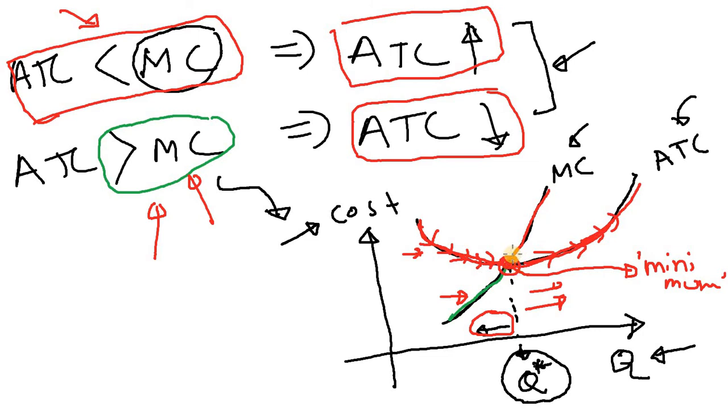Why? Because after this point, the marginal cost becomes greater. So after this point, average cost will start to increase. That is why it is the lowest point. This is a very, very important idea. You're going to need this later on in Eco 101 and maybe in the future as well.